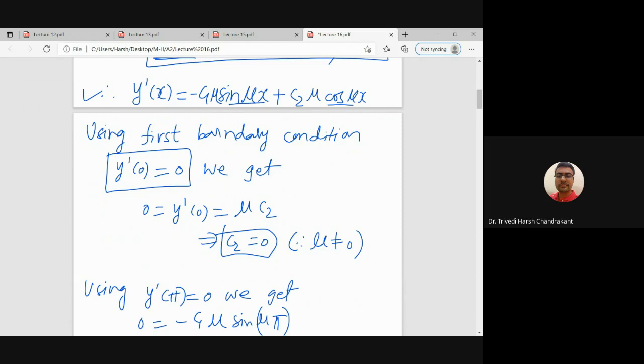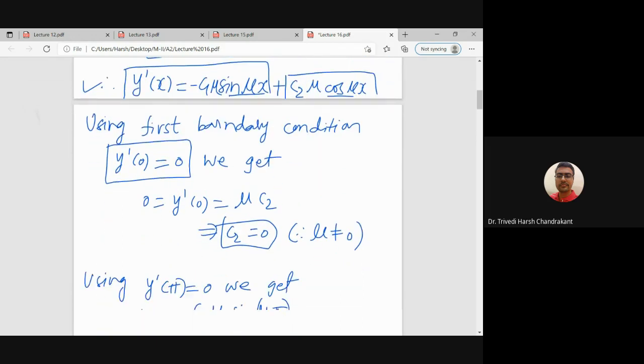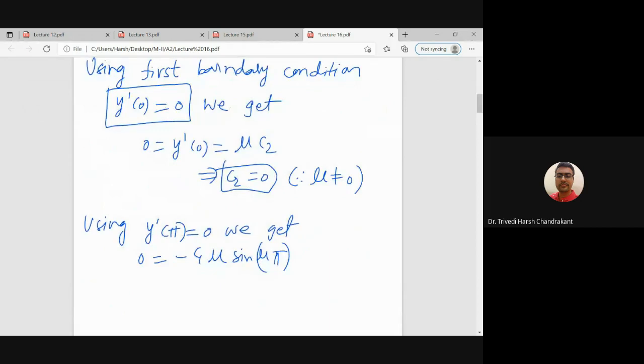Because this part is 0, C2 is 0, correct? So only in the y dash term also now we have only this function. So now if this is 0, what are the possibilities? We know mu is non-zero.